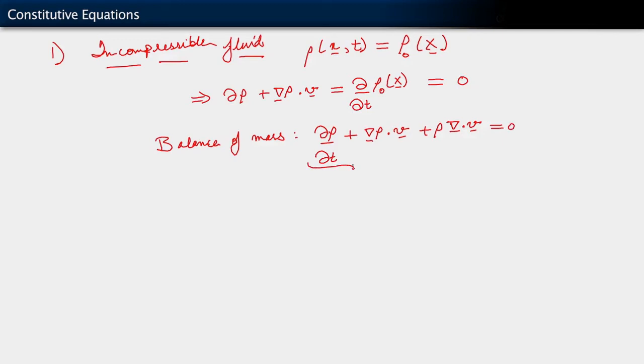What we've just shown above is that for an incompressible fluid, the first part is equal to 0. And so it is that incompressible fluids have this condition, divergence of V equals 0.